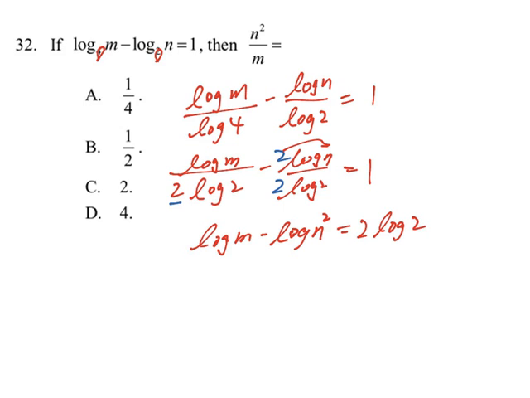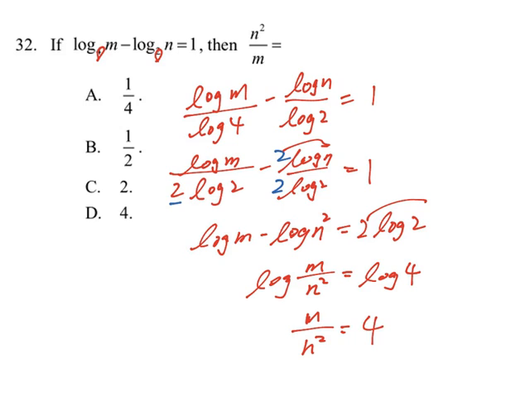For log m minus log n square, it becomes divide, so m divided by n square. And for this one, we put the 2 into the square, so it becomes 2 square, so it's 4. So m over n square is equal to 4. But now we need to find n square over m, so we change it. So it becomes 1 over 4.